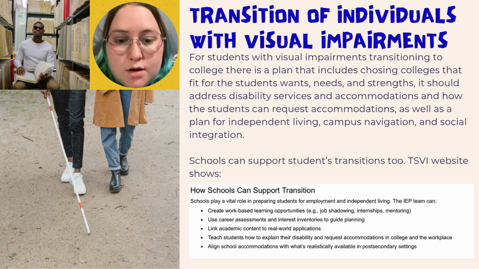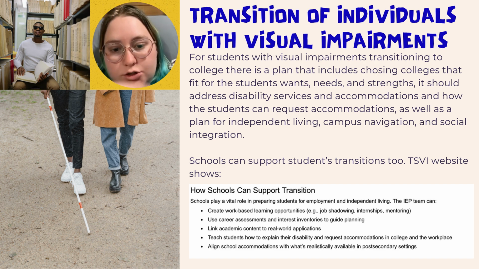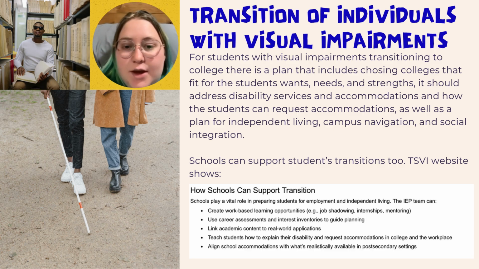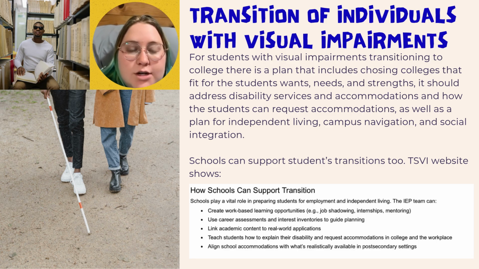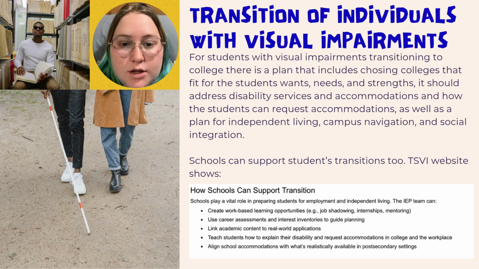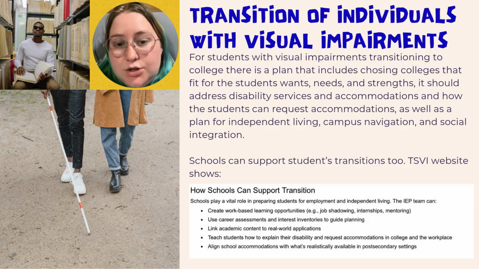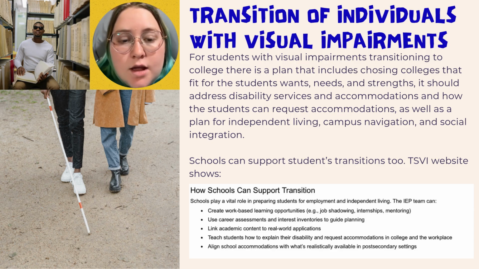So continuing on, this picture at the bottom of how schools can support transition is from the TSVI website. So for students with visual impairments transitioning to college, there is a plan that includes choosing colleges that fit the students' wants, needs, and strengths.